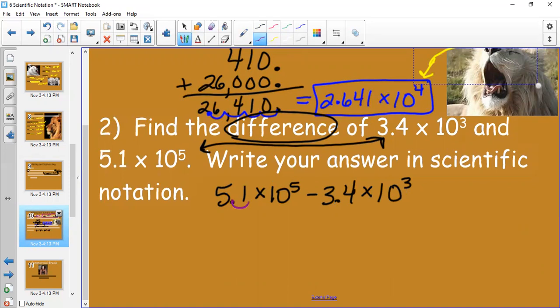So on this one, I would move it once, but I have 4 more times to move it, so I would have 4 zeros. So 5, 1, 0, 0, 0, 0. Again, put a decimal place there. The next one, I need to move it 3 times, so there's 1. I'd have 2 more times, so 2 zeros, so that would be the number 3,400.